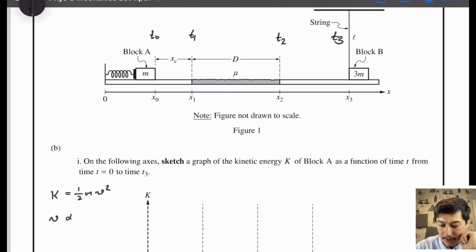So the velocity is going to be proportional to sine theta. As a result, we can say kinetic energy is going to be proportional to sine squared theta.